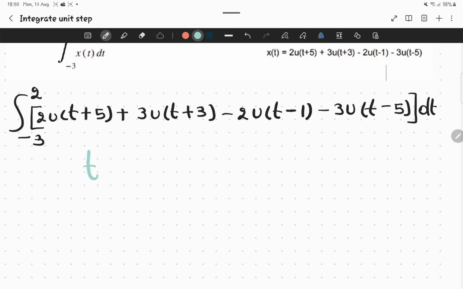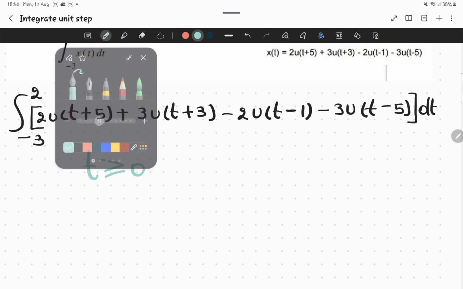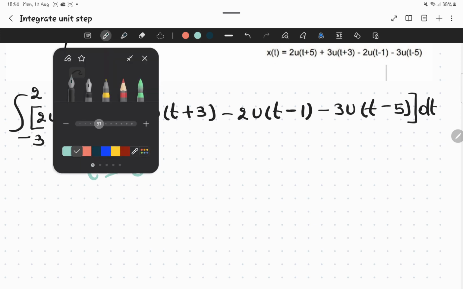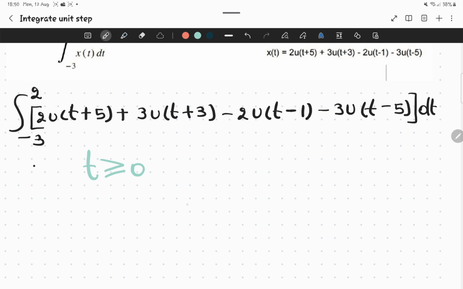Everything that we'll be doing, this is the range that we need: t has to be equal to 0, or t has to be bigger than 0, or t must be positive. I'm just going to talk more about this. Let's say this is the graph.